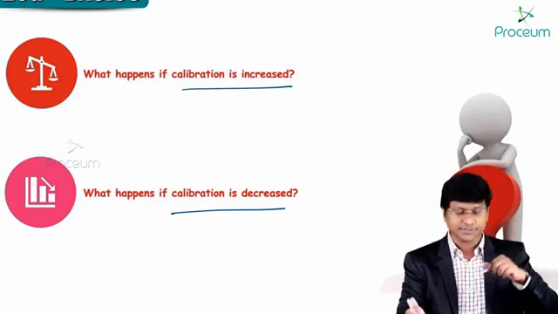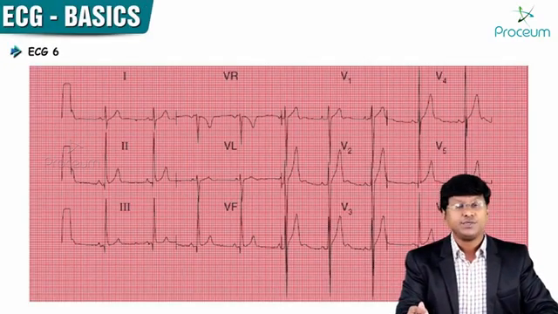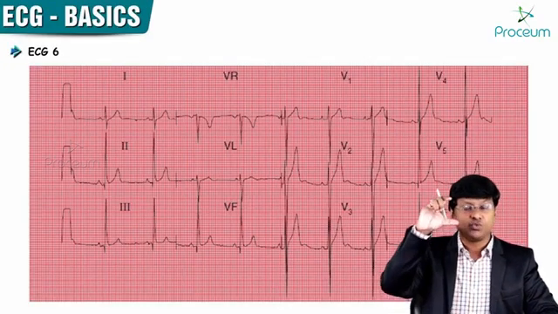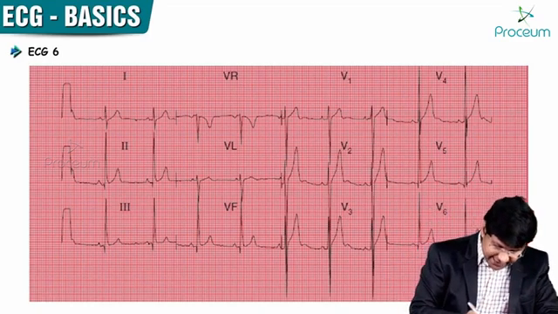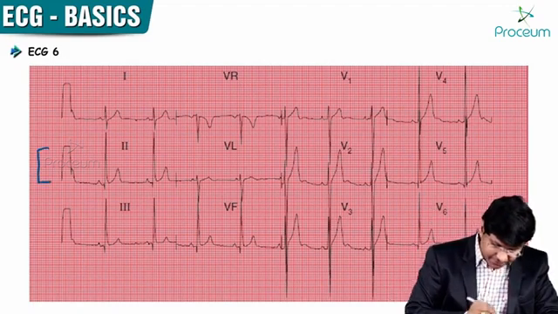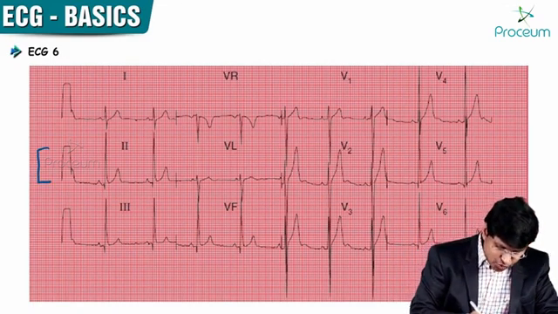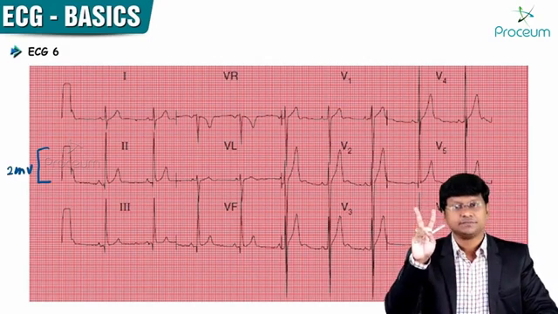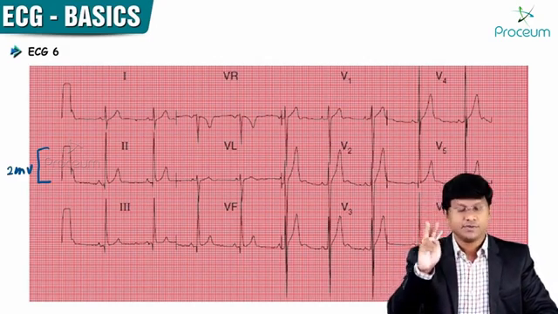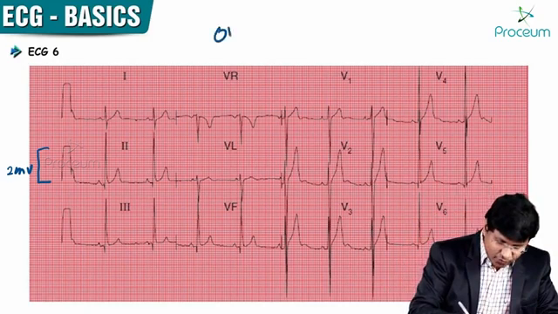Let me show you that ECG. You see this ECG, you have very large complexes. If you take the calibration here, it is 2 millivolts, that is 2 centimeters. So this is the effect of over calibration.